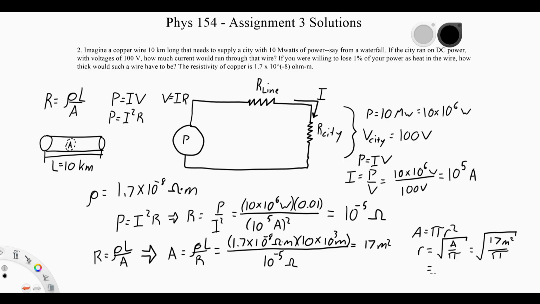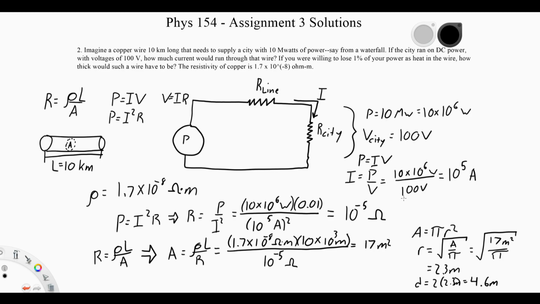And we find that the radius comes out to be about 2.3 meters, which means the diameter, which is of course just twice the radius, comes out to be 4.6 meters. And that is how thick our wire has to be, which is really big, actually.